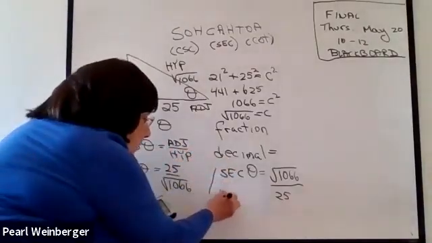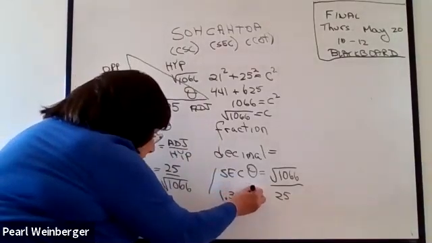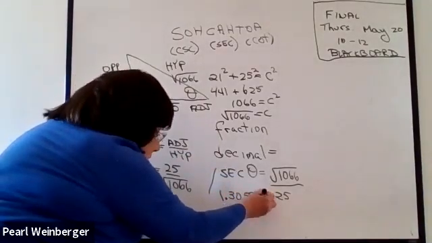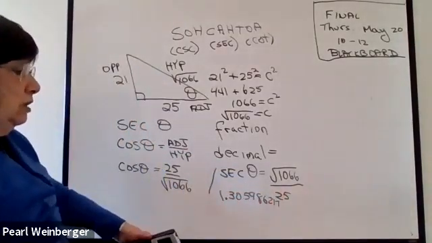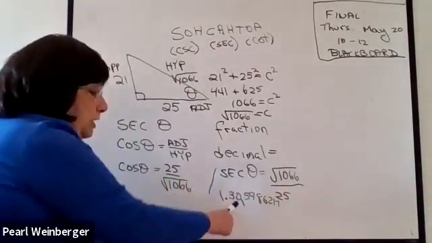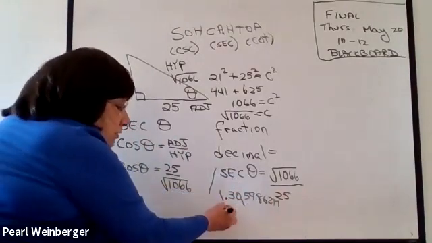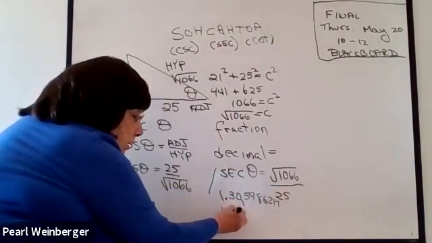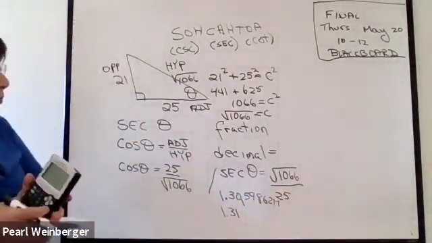What I'm getting on my calculator is 1.305986217. They may ask you to give it to the nearest hundredth, then you would stop after 2 decimal places. Since the third one is a 5, we have to increase it, so it would be 1.31. That would be your answer in decimal form.